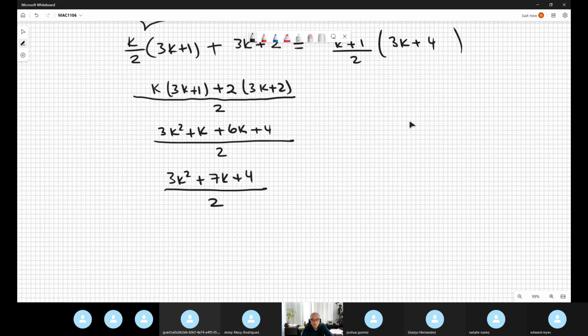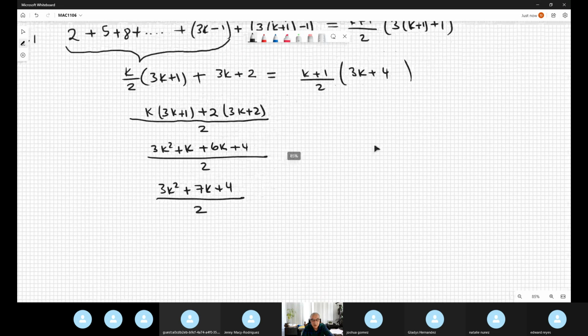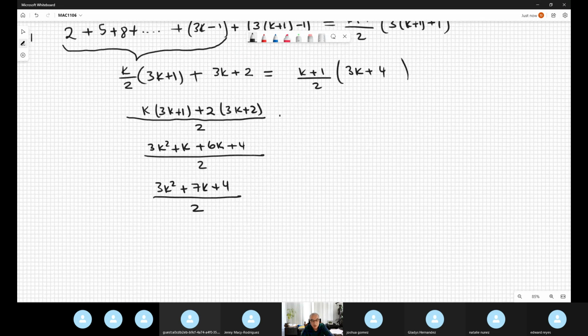Because I forgot the right-hand side of the equation, I need to manipulate now. And you see suddenly this is exactly the same as this. So now, at least these two is division, and you FOIL. K times 3k is 3k squared. K times 4 is 4k. 1 times 3k is 3k. And 1 times 4 is 4.